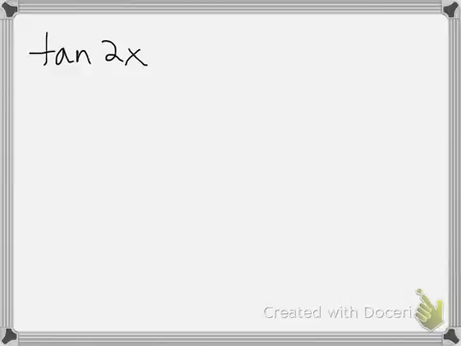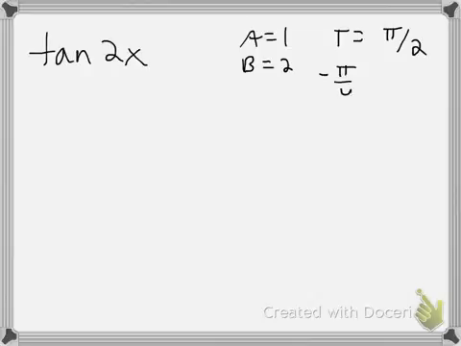But let's talk about the labeling first. My A value is 1, and it's kind of like an amplitude. I'll show you what I mean. My B value is 2, meaning my period is going to be pi over 2, meaning my graph will occur from negative pi over 4 to pi over 4.